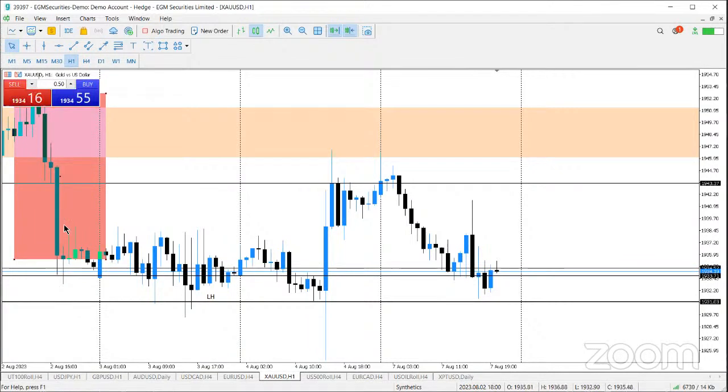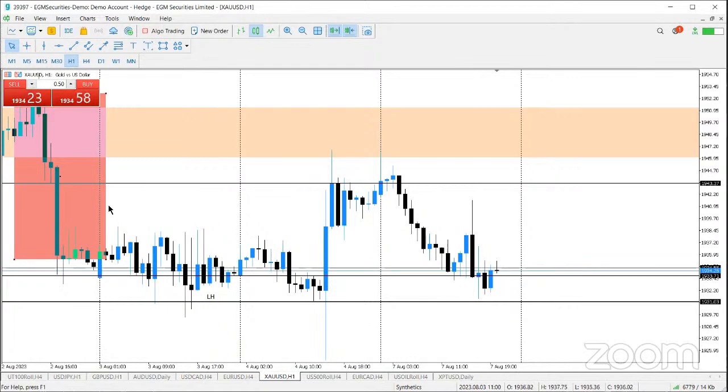Remember, in this case, we just had selling candles. There were no buying candles at the moment. So this was our imbalance here. We had an upwards push and then a downwards push. So this was our order block, and then this was our imbalance.